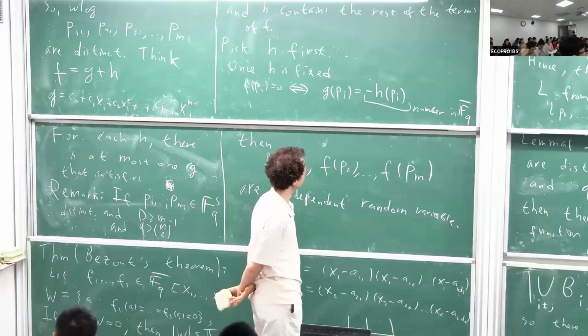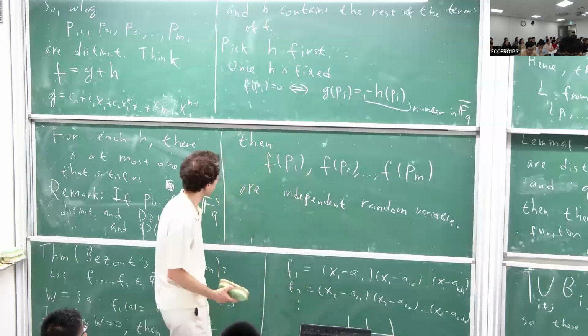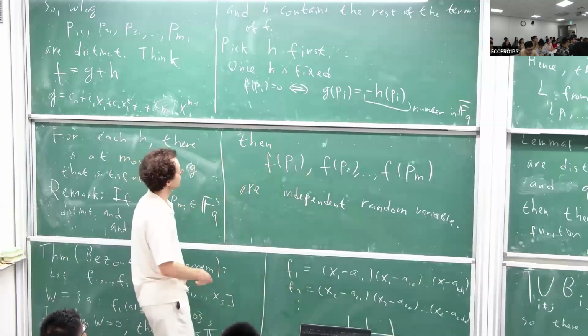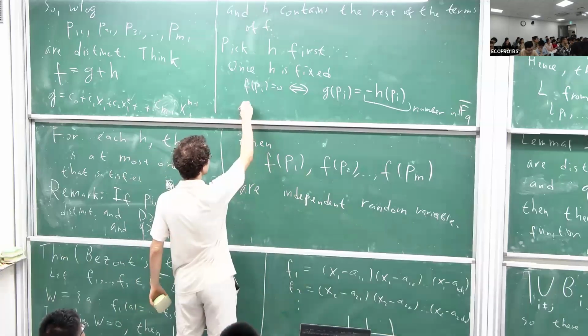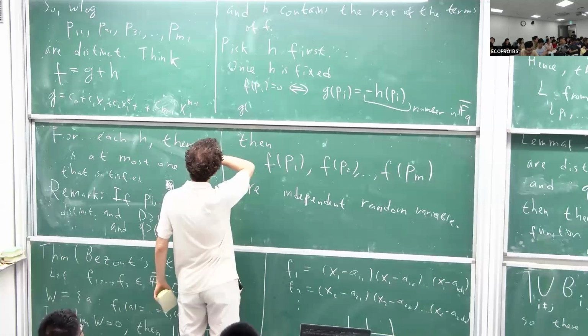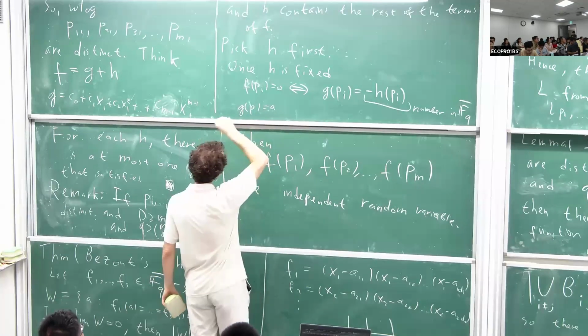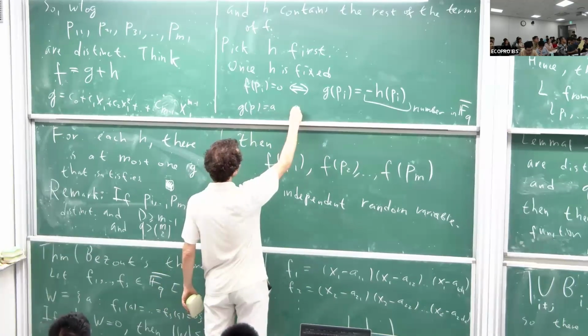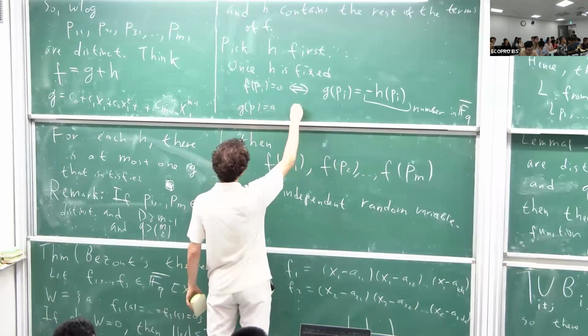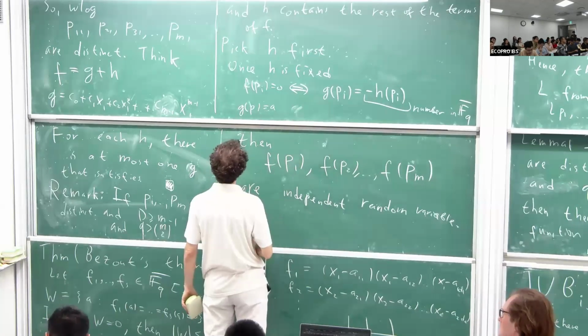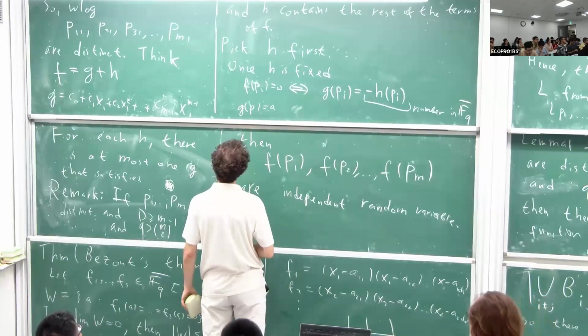Another way is saying that G of P is equal to A means that, let's think like this.